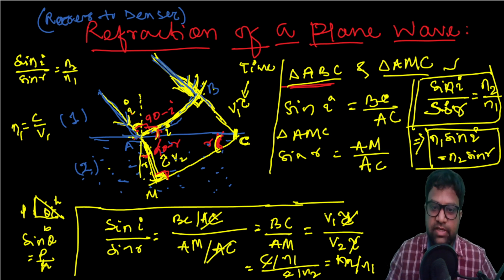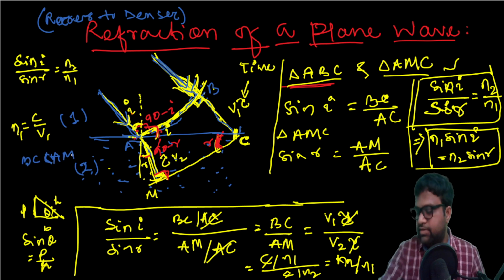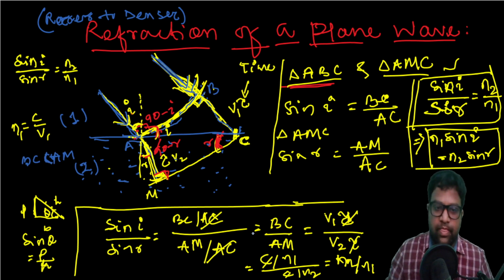So BC, this length is greater than AM. Even if it is taking same time from B to C, the BC distance is less than AM.